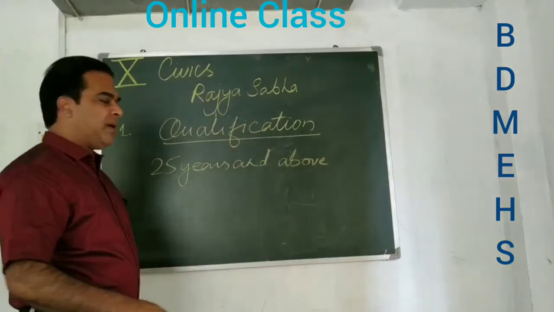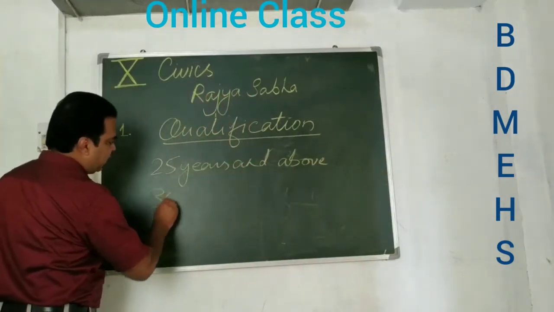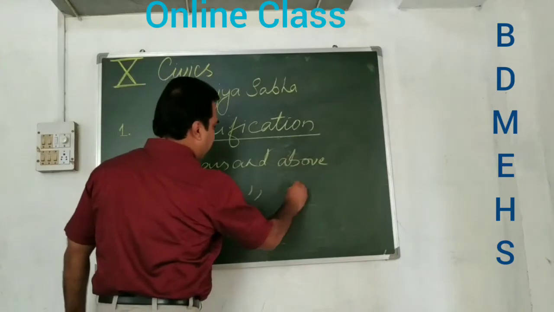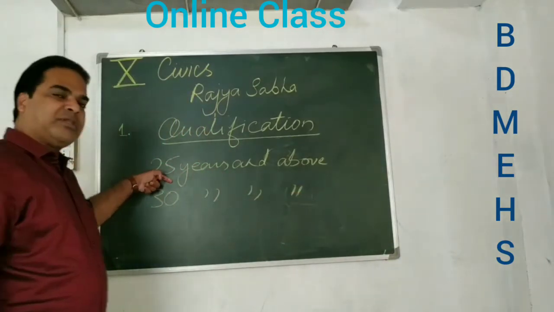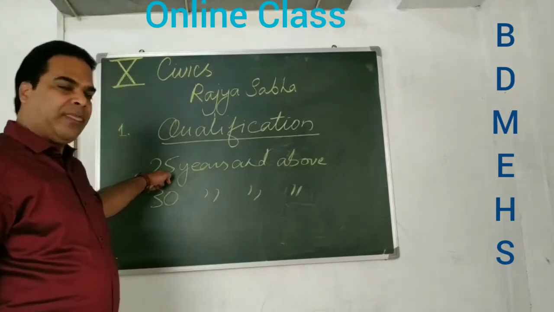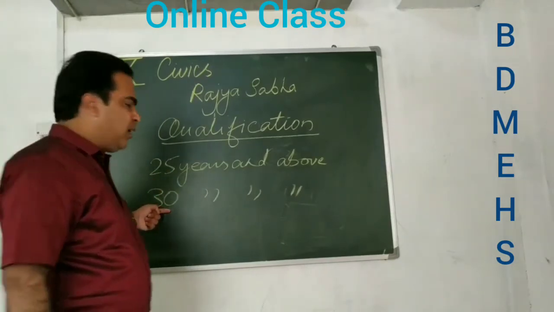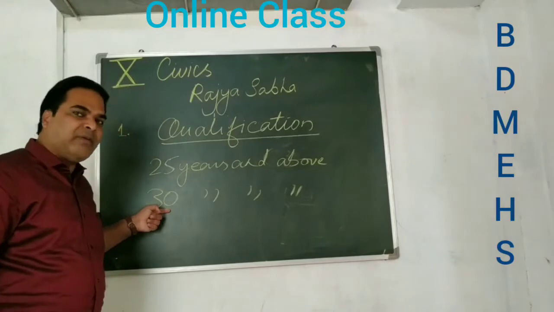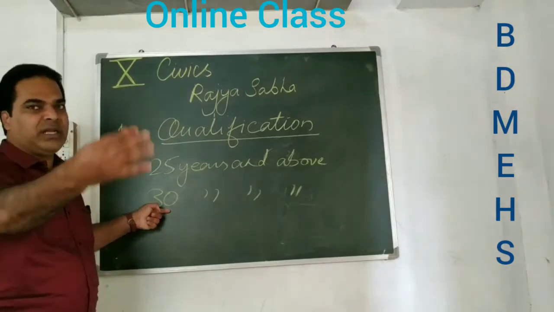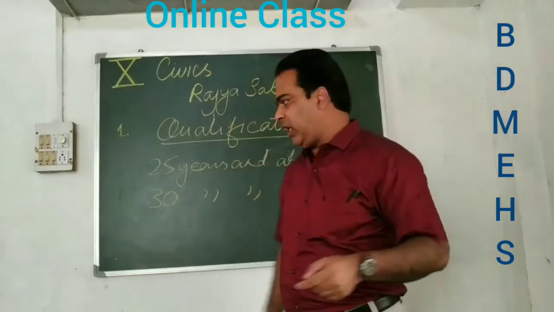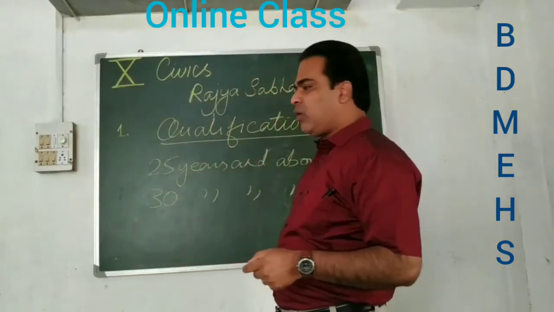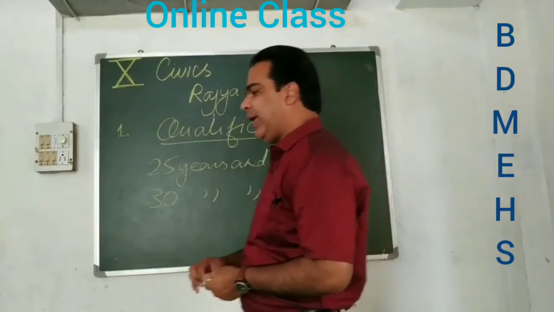Here in Rajya Sabha, 30 years and above. To become a member of Lok Sabha, the person must be 25 years of age, and to become a member of Rajya Sabha, the person must be 30 years and above. So this is the qualification regarding age.